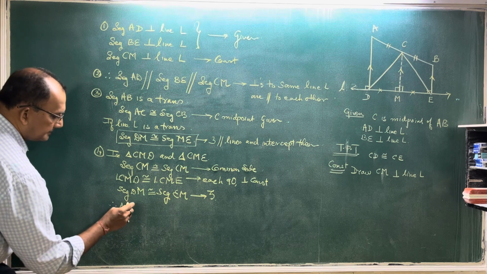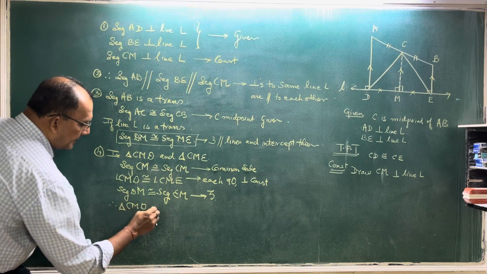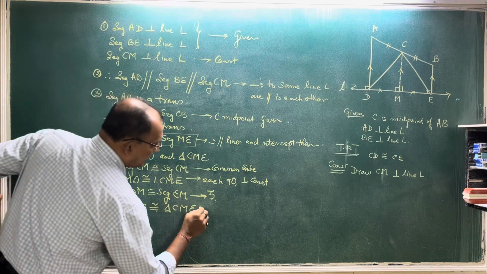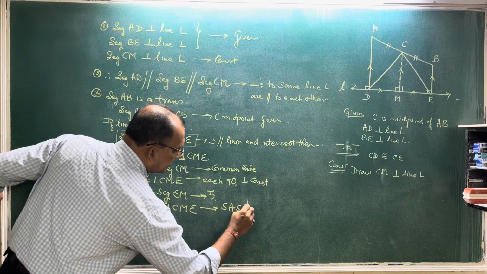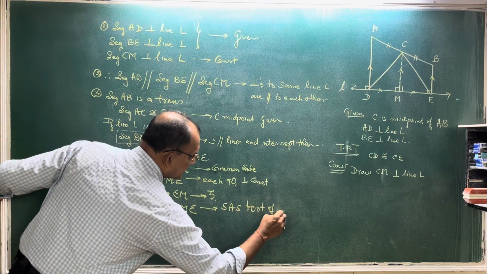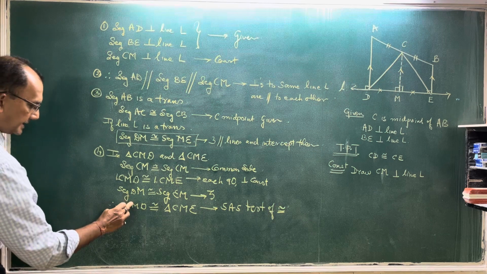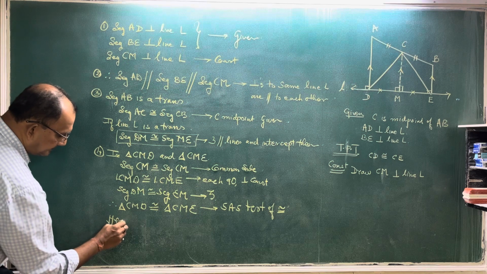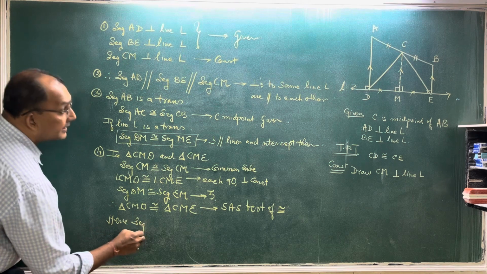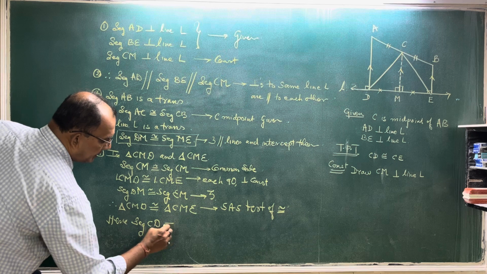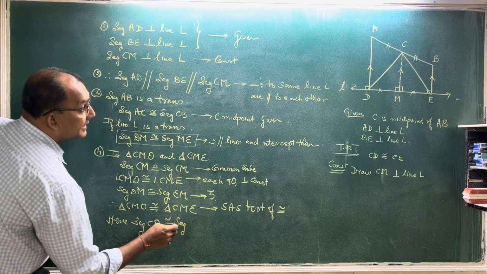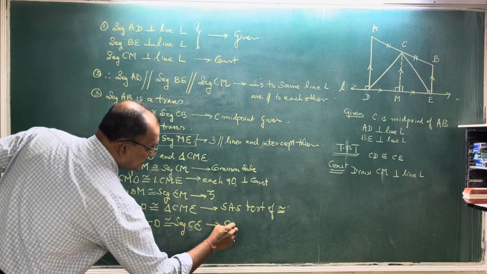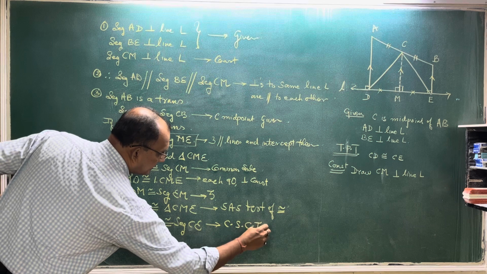Therefore, triangle CMD is congruent to triangle CME by SAS test of congruence. Hence seg CD will be congruent to seg CE, as corresponding sides of congruent triangles.